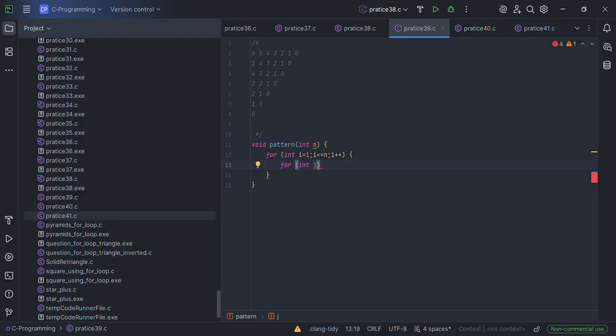Six, and I need this function to be decreasing. So this should look like an I. Yeah, it should be I equal to zero. Save this.